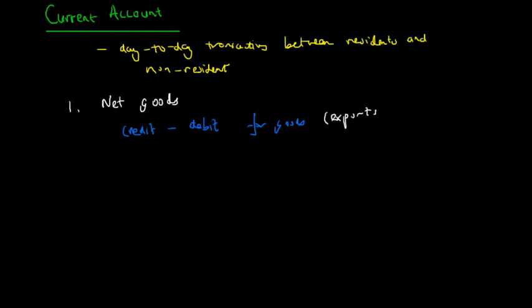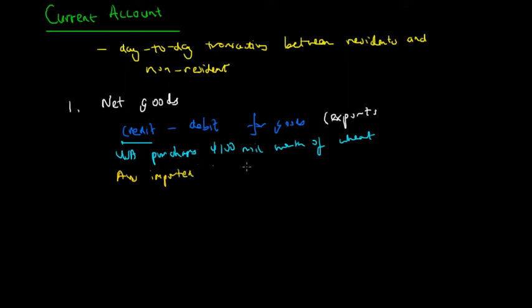So for example, if the USA purchases $100 million worth of wheat, this is recorded as a credit in our net goods. And similarly, if Australia imported $100 million worth of cars from, say, Germany, this will represent a debit in the net goods part of the current account.